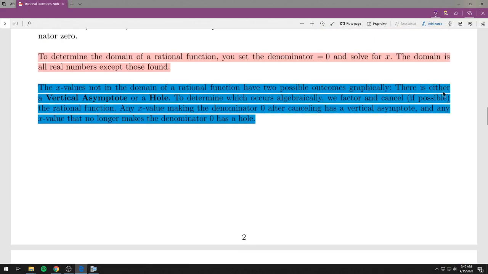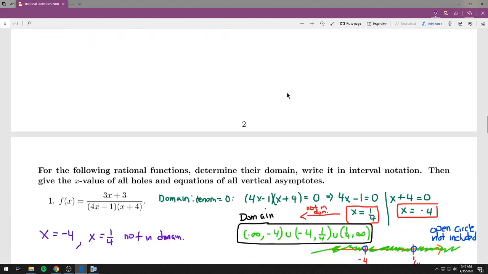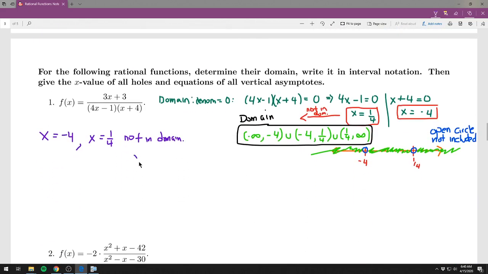When you have a rational function, those are the only two possibilities. You can only have one or the other at each. They could both be holes, they could both be vertical asymptotes, or one can be a hole and one a vertical asymptote, but it has to be one or the other.